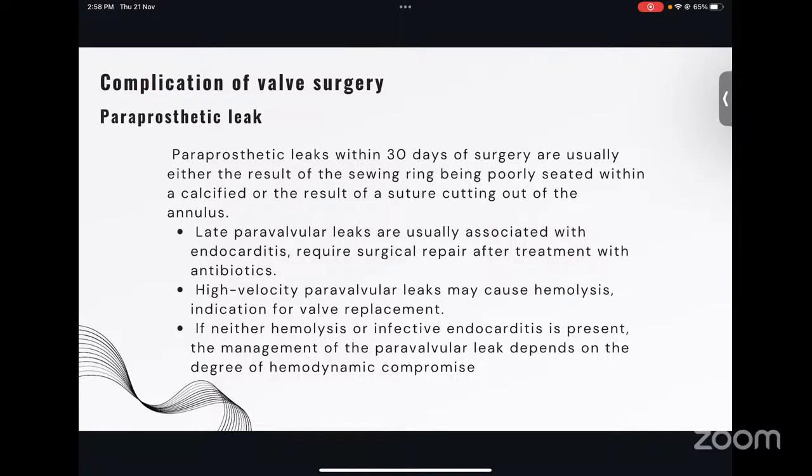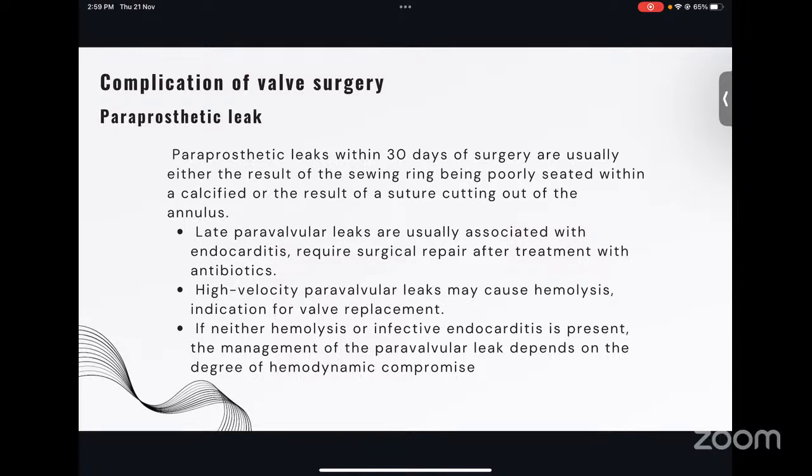Paraprosthetic valve leakage occurs in about 2% of aortic valve replacements and 1% of mitral valve replacements. Paraprosthetic leaks within 30 days of surgery are usually either the result of the sewing ring being poorly seated within a calcified irregular annulus, or the result of sutures cutting out from the annulus. Late paravalvular leaks are usually associated with endocarditis.